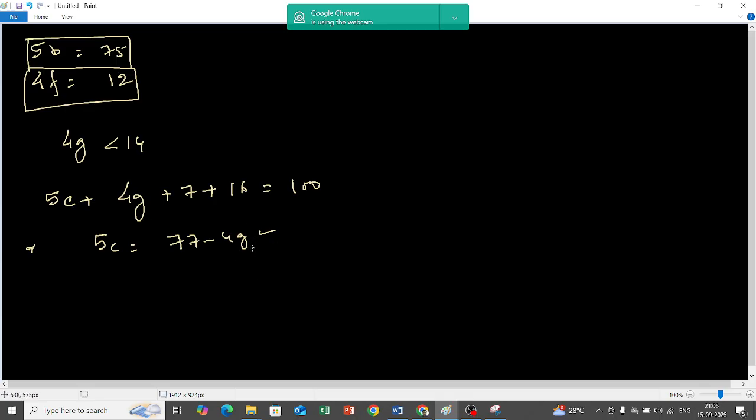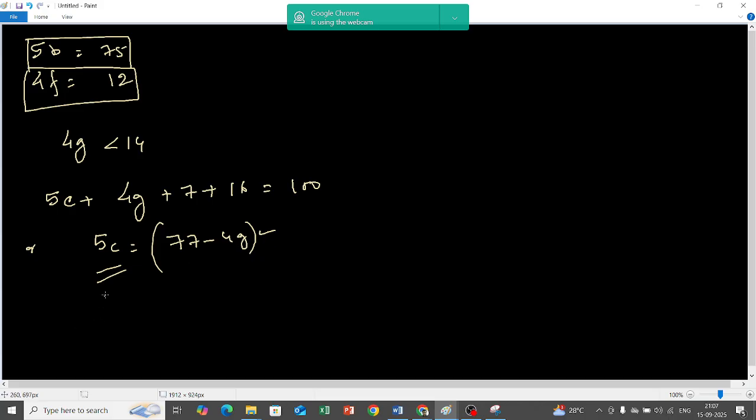What value of 4G should I use which is less than 14, but on subtraction I get a multiple of 5? Tell me.